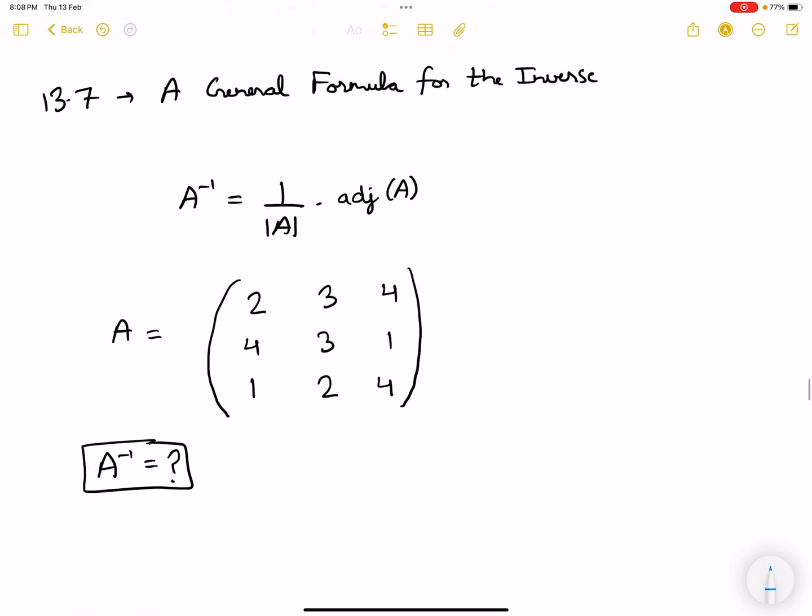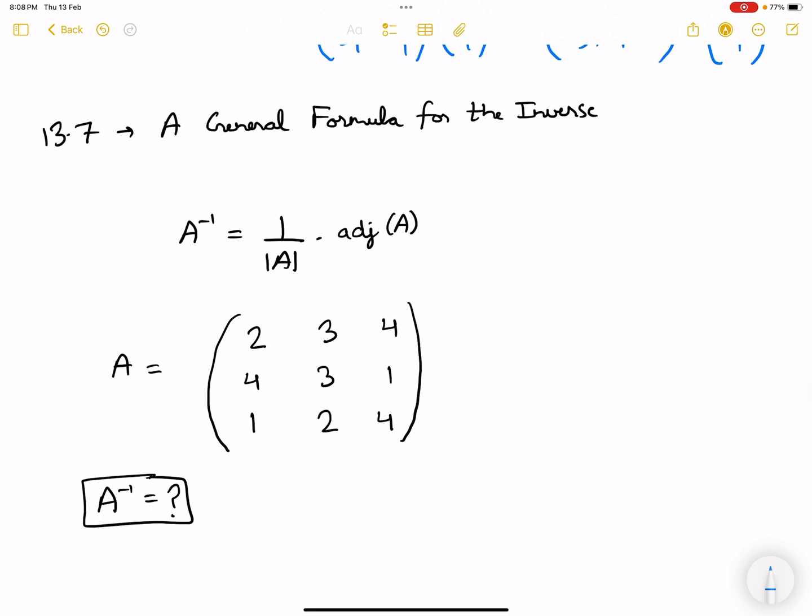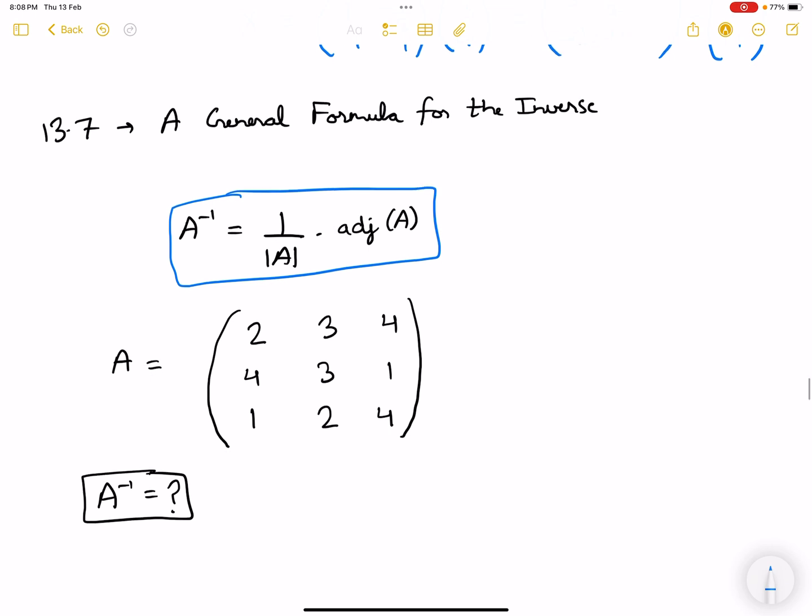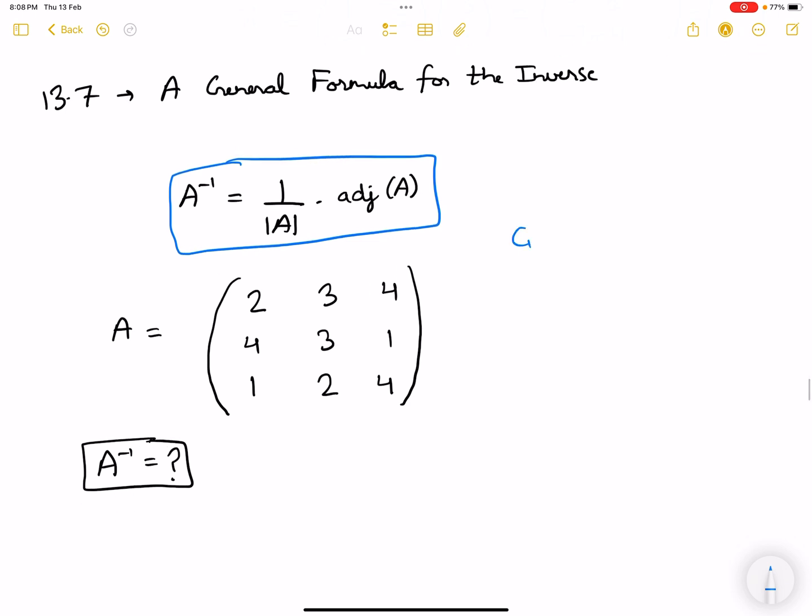So basically we have discussed 2 cross 2, but this exists for an n cross n matrix as well, that A inverse equals 1 by the determinant of A into adjoint A. And we know how to find adjoint A. We'll find the cofactors C11, C12, C13, then C21, C22, C23, C31, C32, C33, and then take the transpose of it.